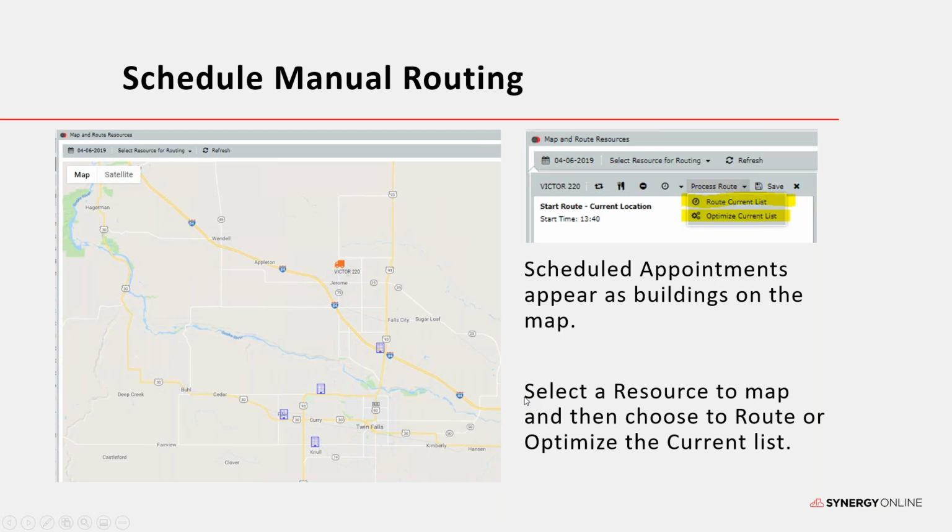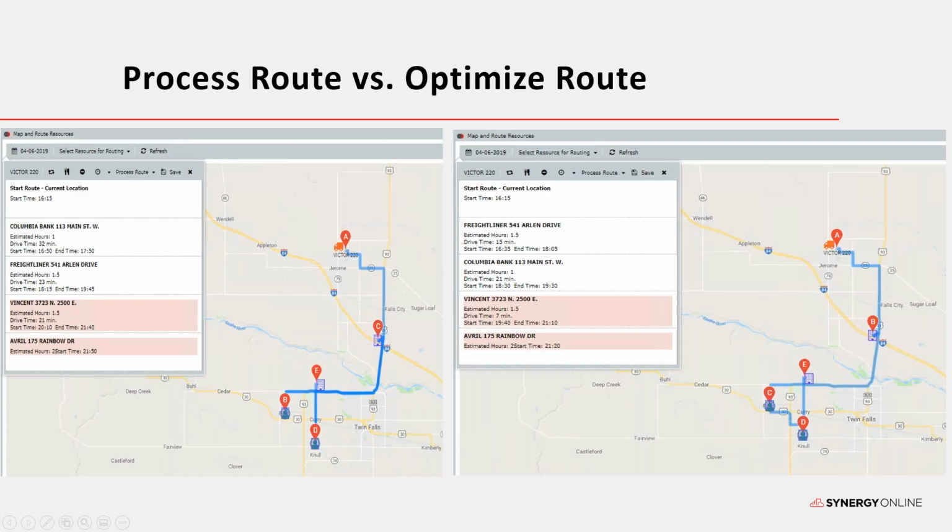So it's going to look at the scheduled appointments that this technician has, and if I were to add additional appointments to the list directly from the map, I could then choose either route the current list or optimize the current list. So let's talk about the difference between the two.